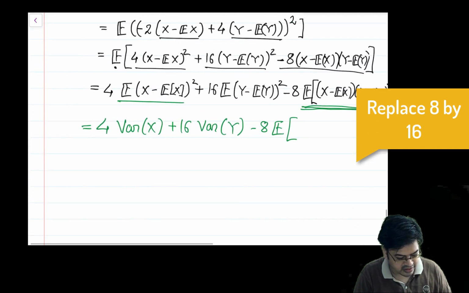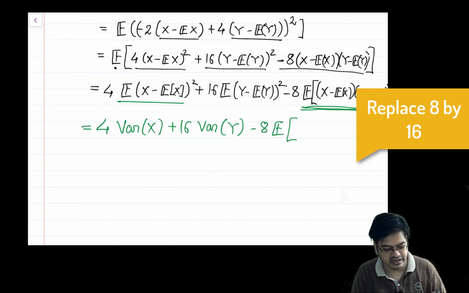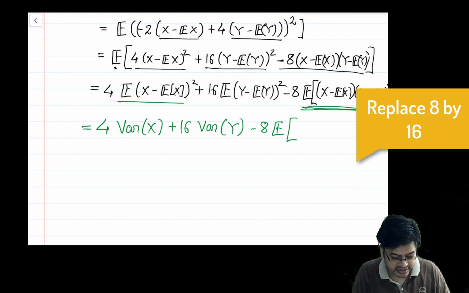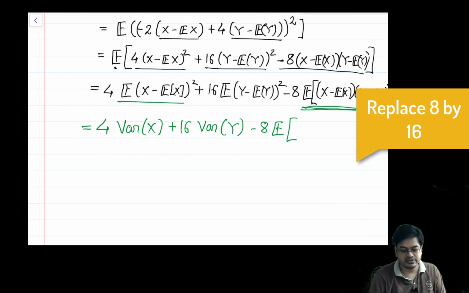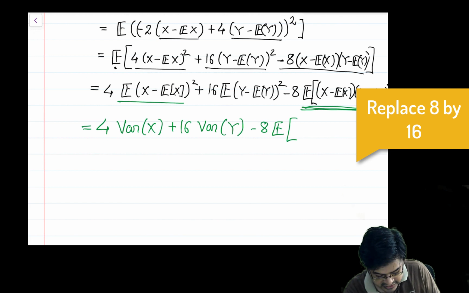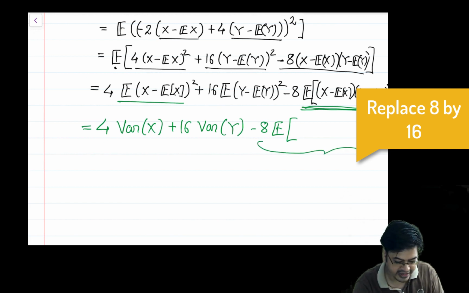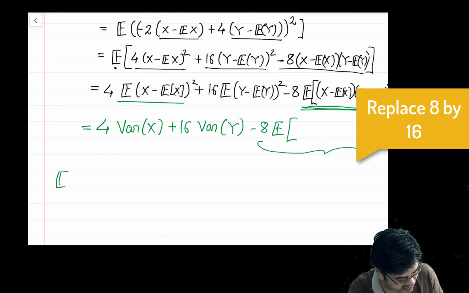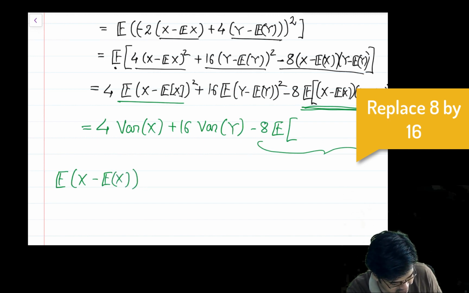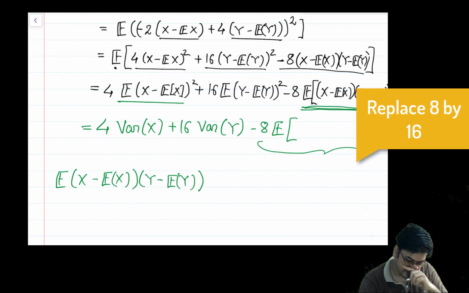Because I had minus 2 I got 4, and I had 4 with y so I got 16. But the only thing that is puzzling me is this term. Let us try to handle it. What is this term? This is actually the expected value of x minus expected value of x into y minus expected value of y, right?